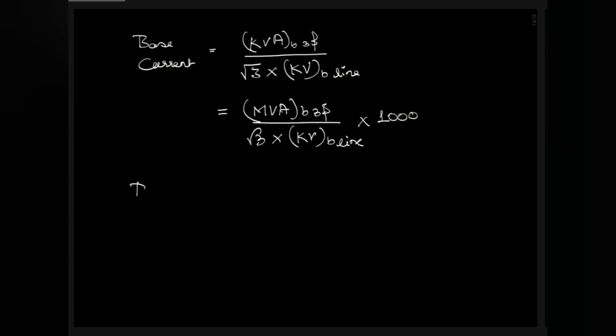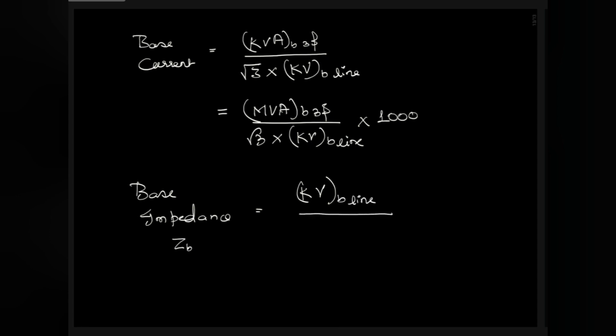Now base impedance, this can be given as kV base, we always take line voltage square divided by, see here it is K square, so we have to use MVA base.